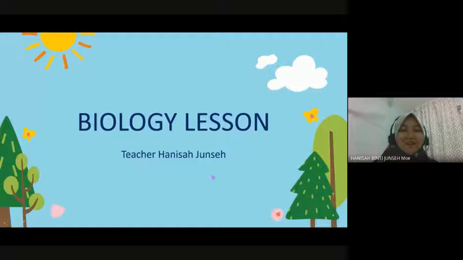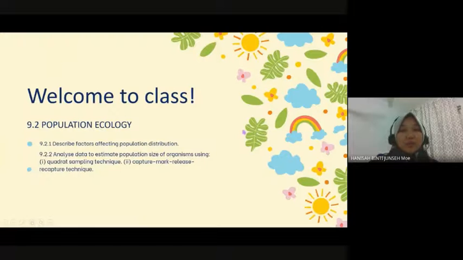And in this video, I'm going to explain about 9.2 about population ecology. So in the end of this video, there are two learning standards that we want to achieve. The first one is you as a student are able to describe the factors that affect the population distributions.